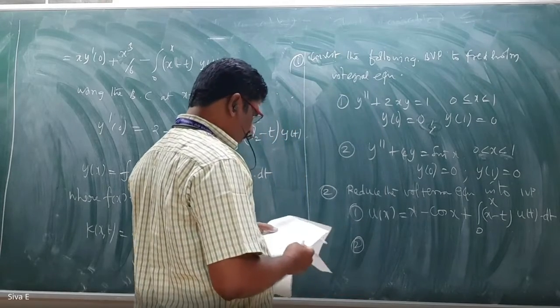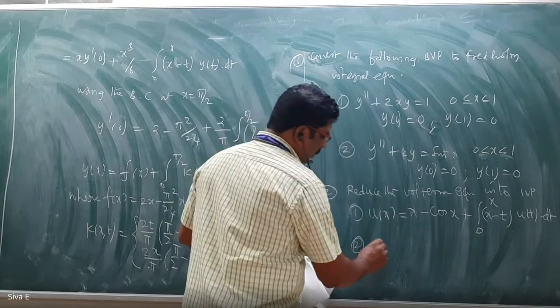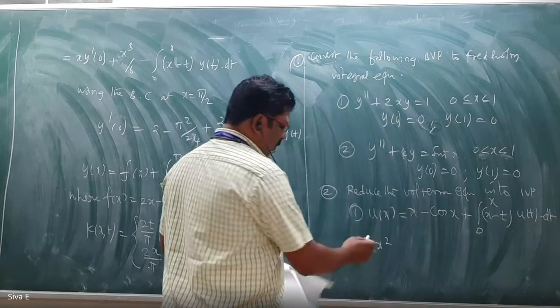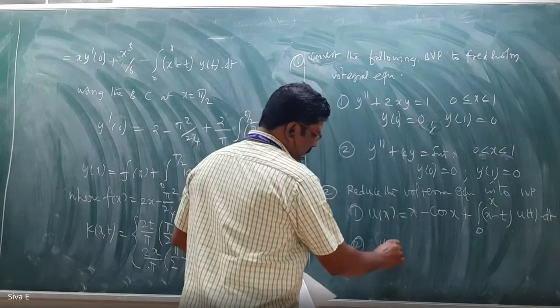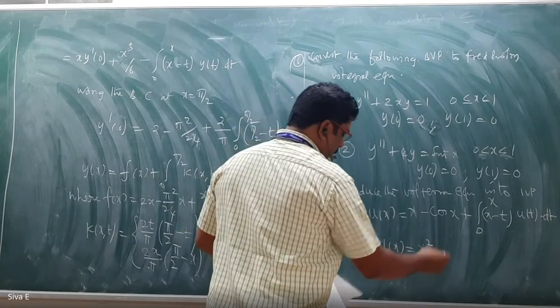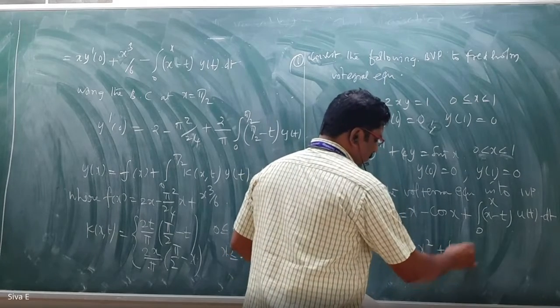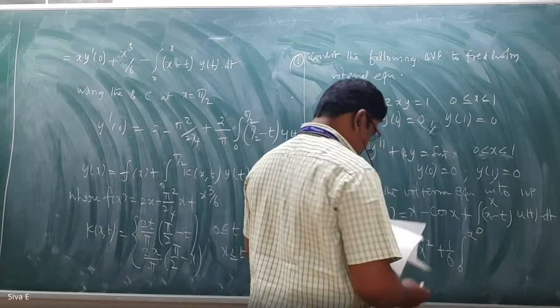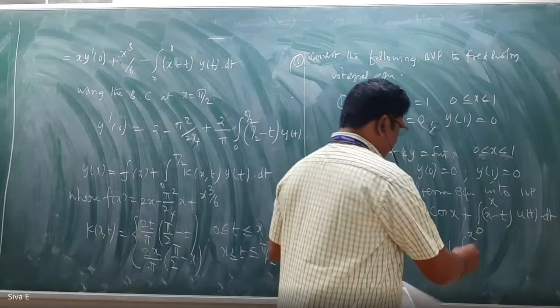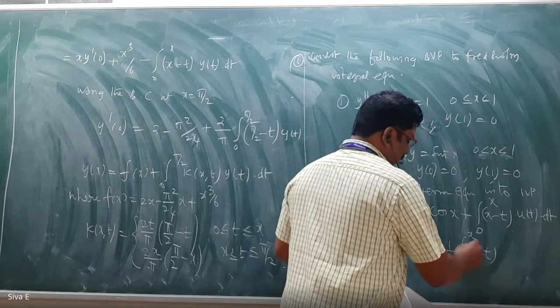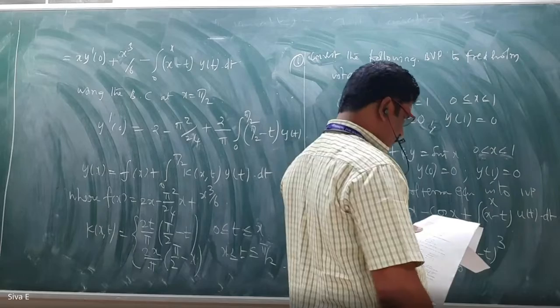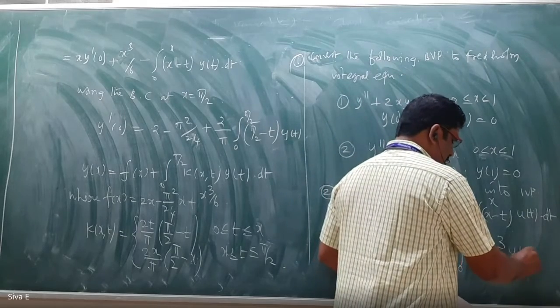Second one: x square u of x equal to x square plus 1 by 6 integral 0 to x of x minus t whole cube u of t dt.